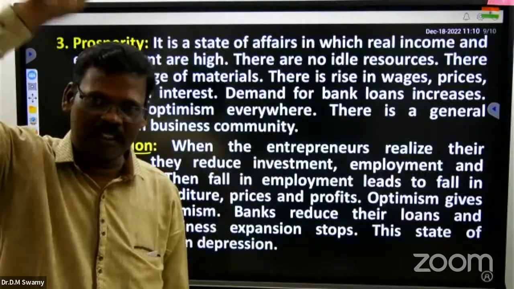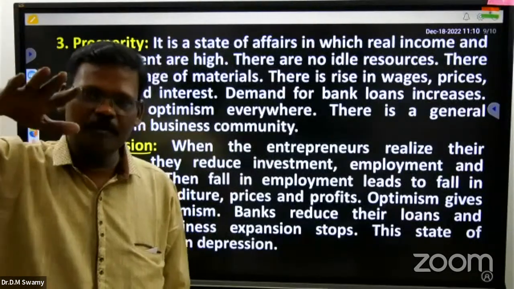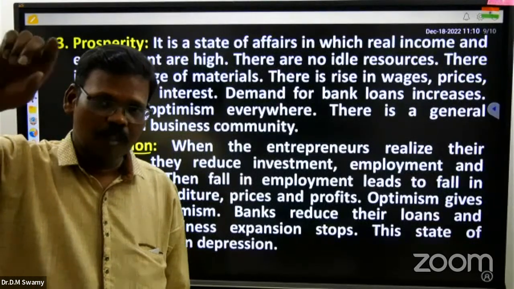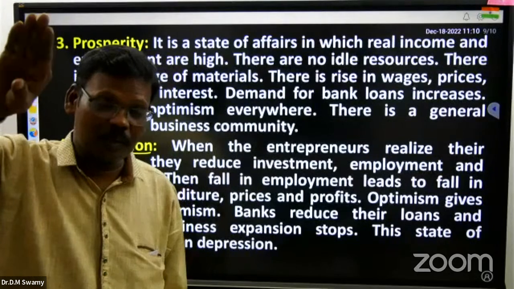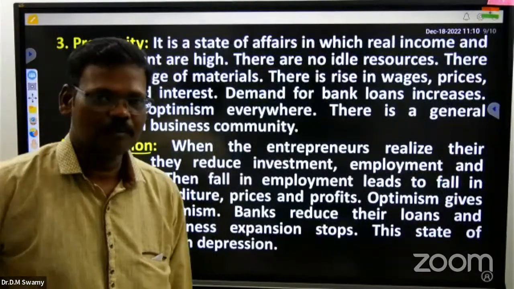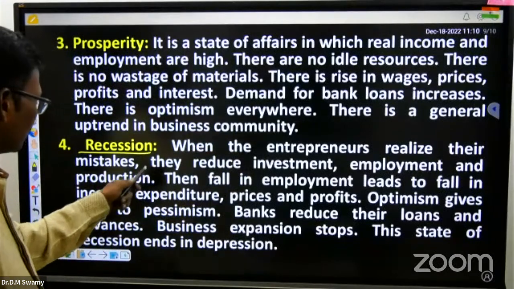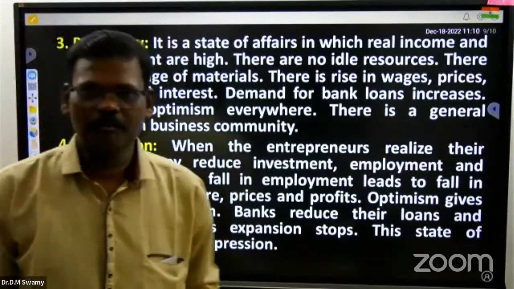In this particular stage, if any problem starts, there will be an impact on economic activity. When the entrepreneurs realize their mistakes, they reduce the investment.